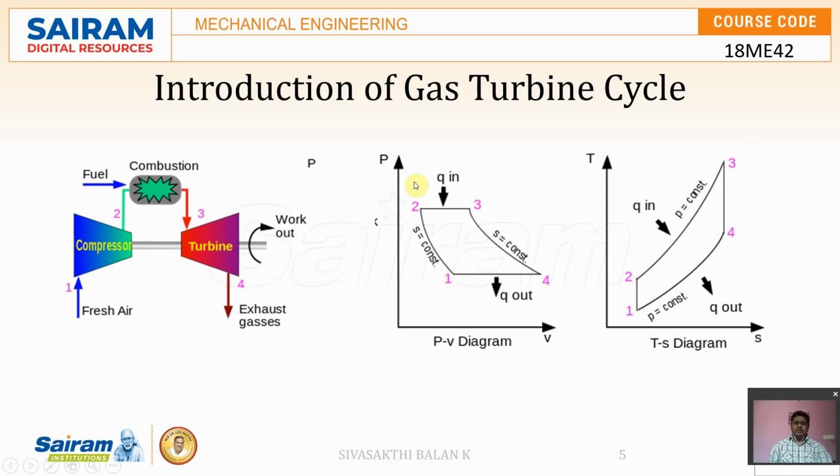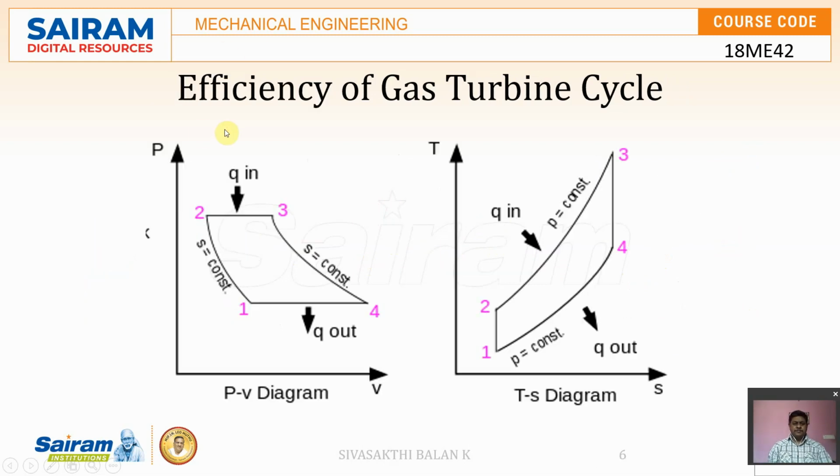If you know how to draw the PV and TS diagrams, it is very easy to derive the efficiency. Now let us jump into how the efficiency of the gas turbine is calculated.